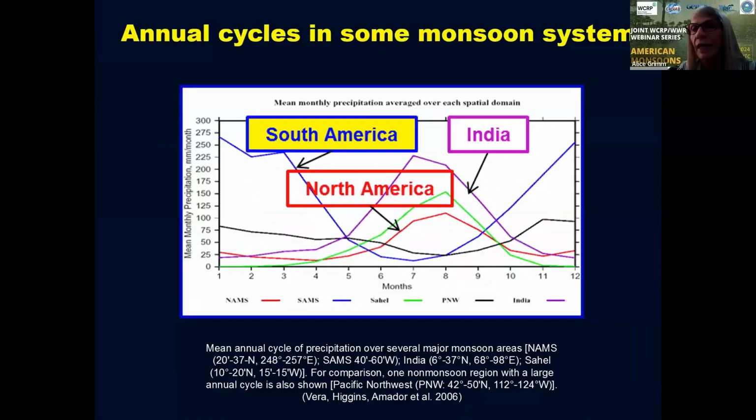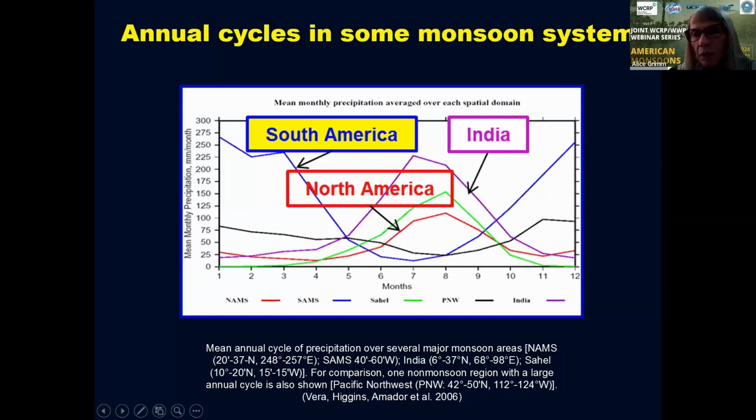Just to give you an idea of the intensity of these two systems, you have here in this figure the mean annual cycle of precipitation over some major monsoon systems. Here you have the annual cycle for the core monsoon region in India, in North America, Sahel, and in South America.